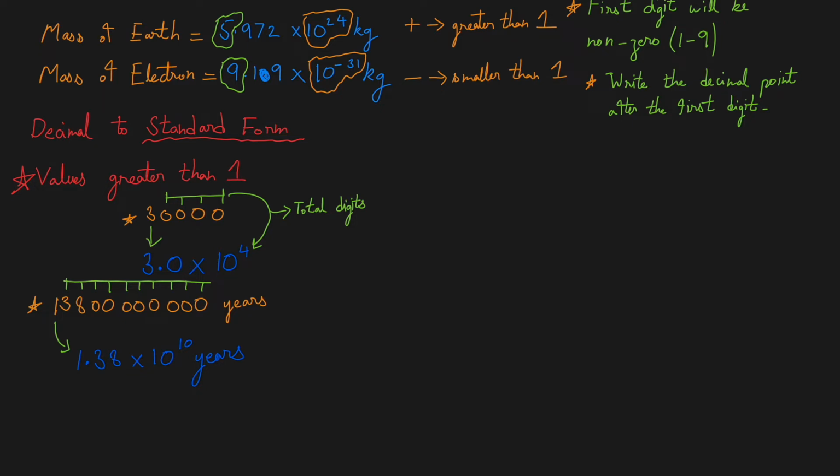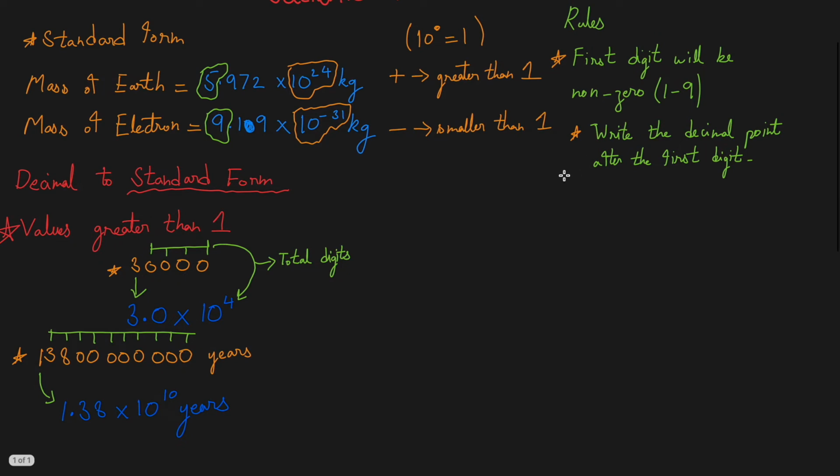I'm sorry, I'm just writing the rules on the fly here, but I think by explaining it to you, it will make it very logical to you. So write the decimal point after the first digit. Now also write the numbers after the decimal point.